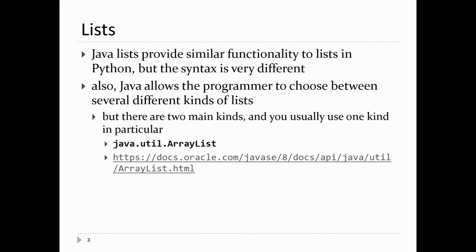In Java, you can choose between different list implementations. The one I'm going to use in this lecture is called ArrayList. To add to the confusion, it's even named as though it were an array. You have to remember it's not an array. It's a list. Click on that link there, and it'll take you to the documentation for the ArrayList class.